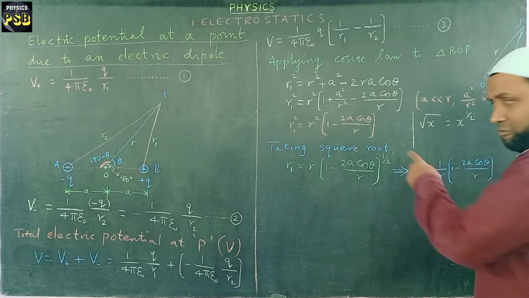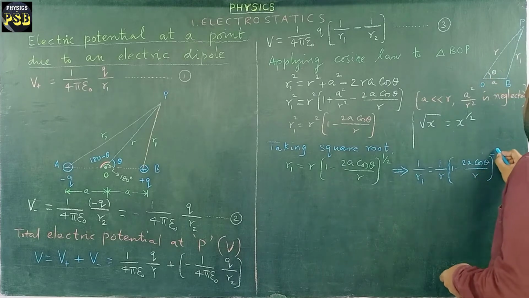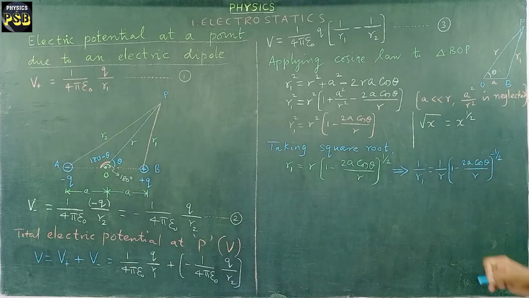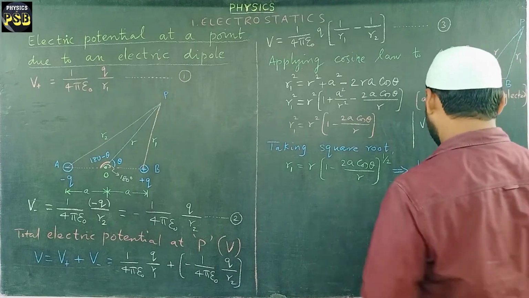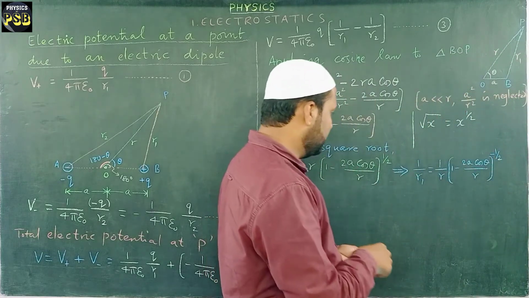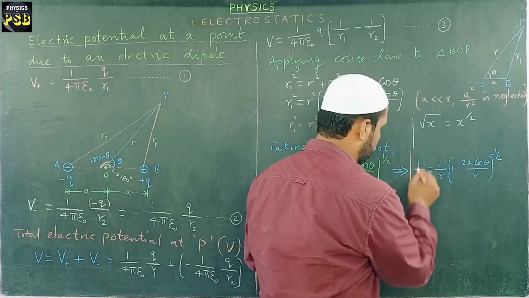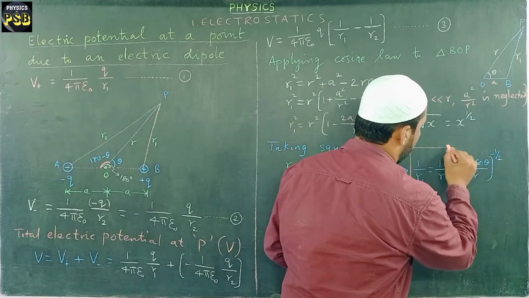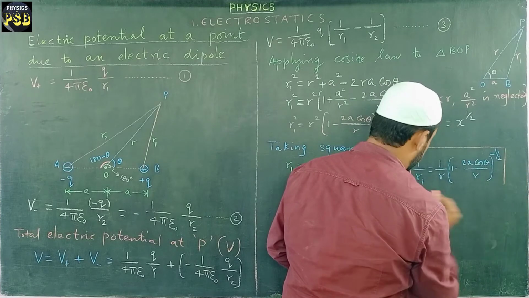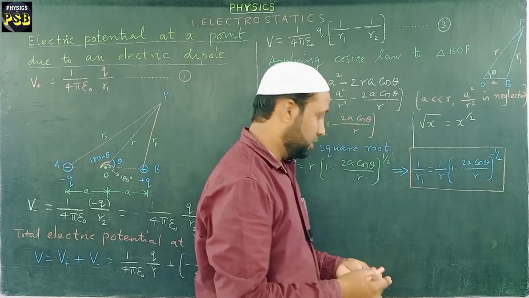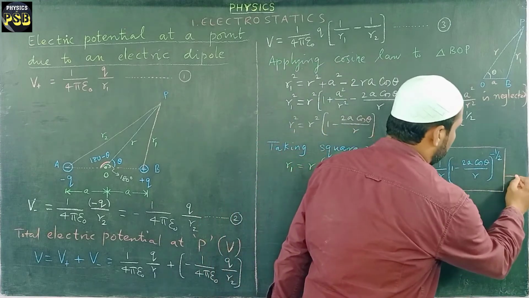Now power half will become power minus half. Clear? So here we have obtained the expression for 1 upon R1. I take this as equation number 4.